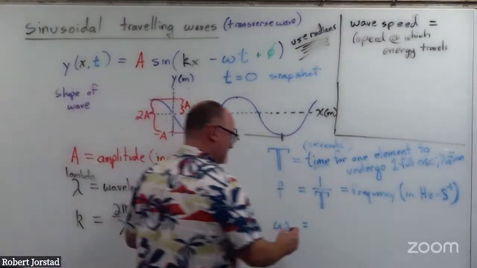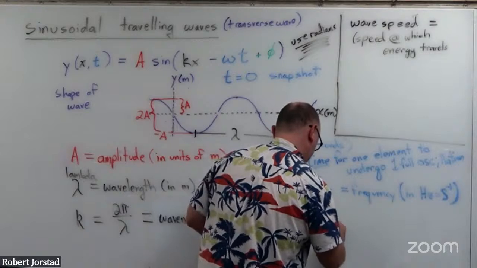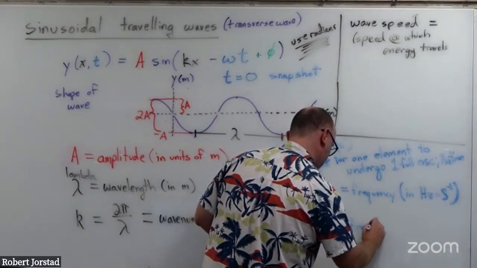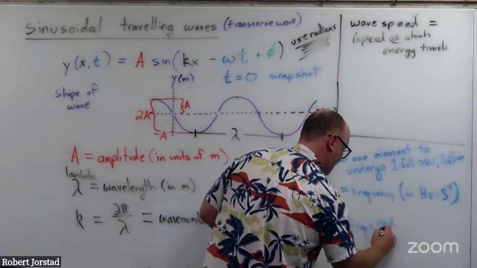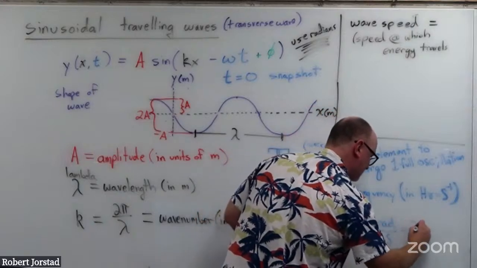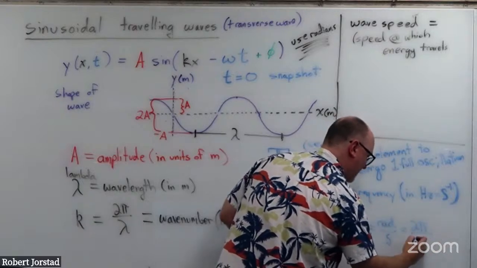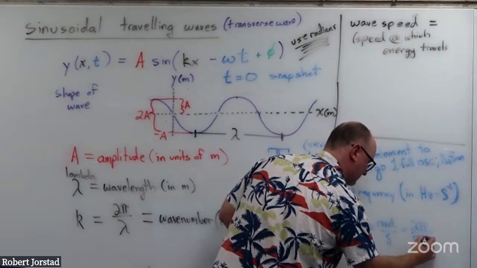Omega is angular frequency, in radians per second. It's 2 pi f, or sometimes we'll write 2 pi over the period.